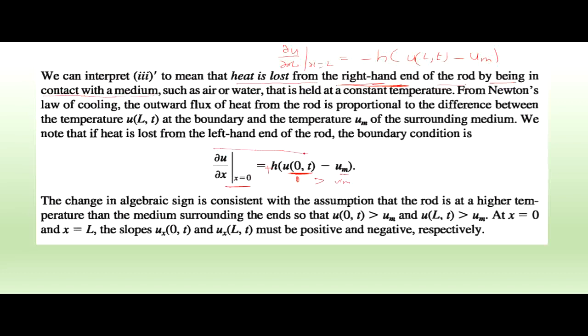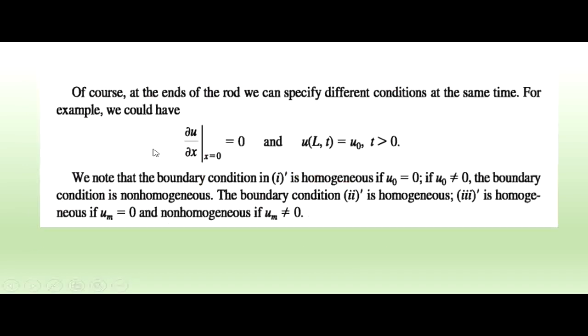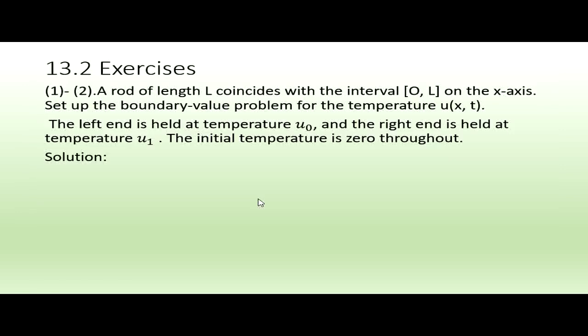So this statement says whether you are losing temperature or gaining temperature. That's what we have discussed already. So from this information, we should have identified how to write the boundary conditions.